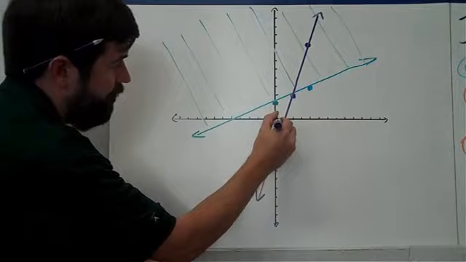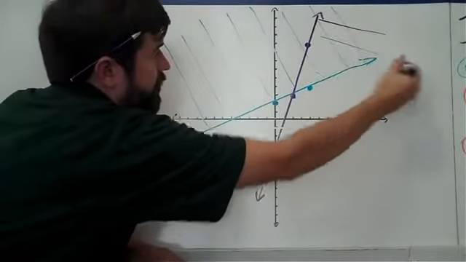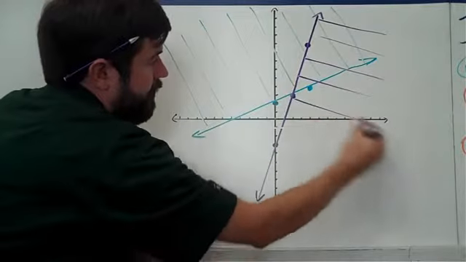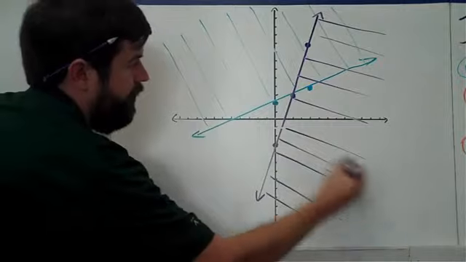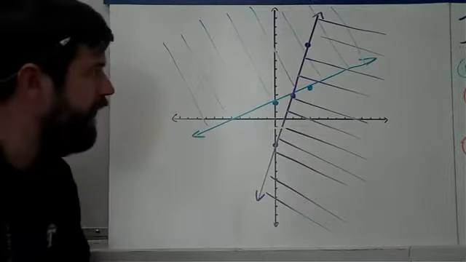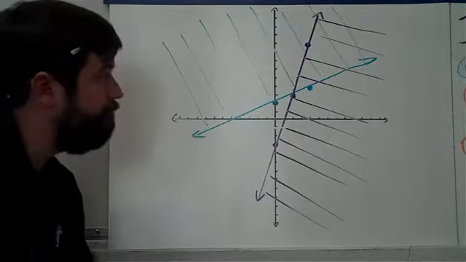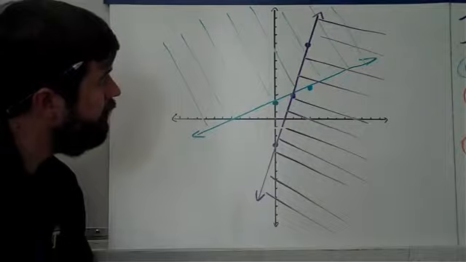If this point was the one we tested and it was a no, then that means we're going to shade the other side. So this side. Alright, there we go. Now do you notice an area that has both colors of shading? Take a look at it there.